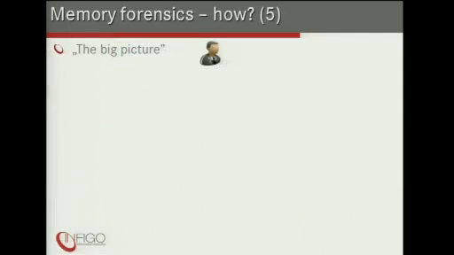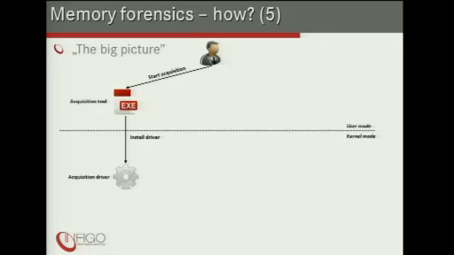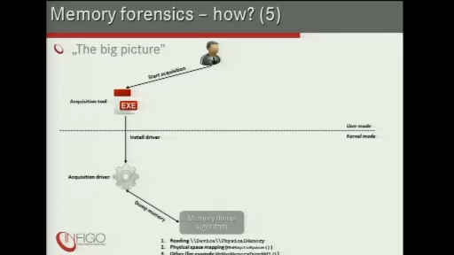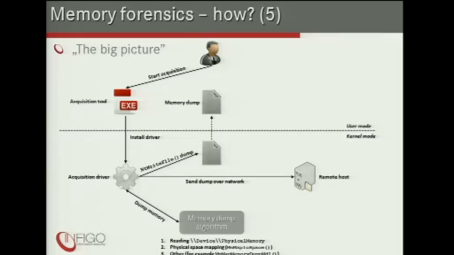Okay, so let's look at the big picture of memory forensics. How does memory forensics work? Incident handler first starts the acquisition tool. This acquisition tool installs the driver inside the kernel. This driver uses some of the mentioned algorithms to map physical memory and reads page by page or some bigger chunks of memory and writes those chunks into the memory dump, or sends these chunks over the network where the remote server is writing to this dump file.